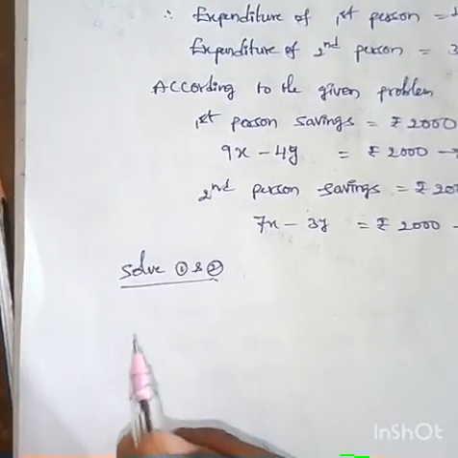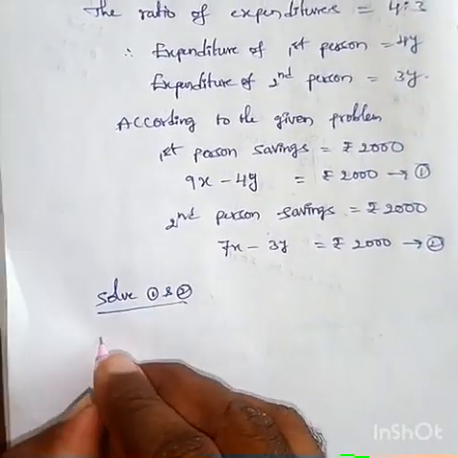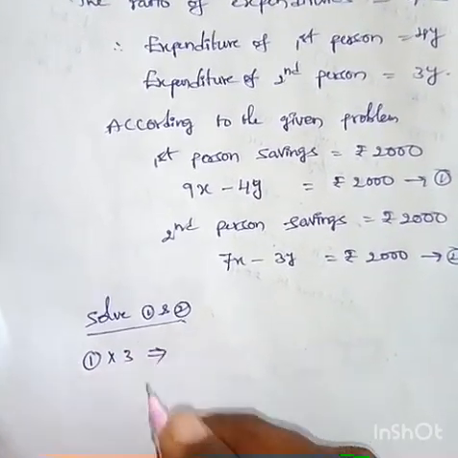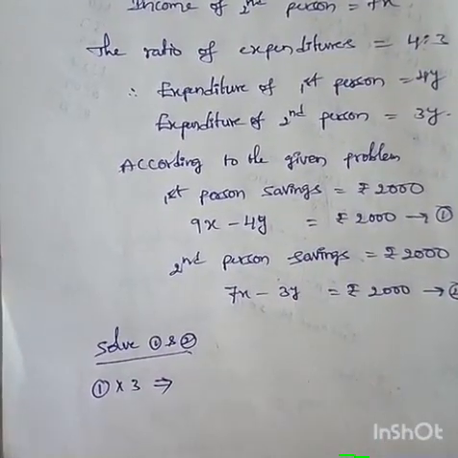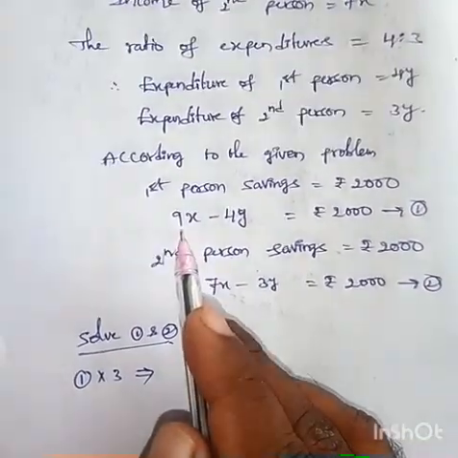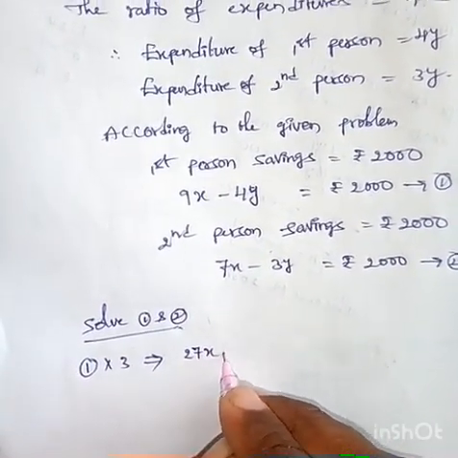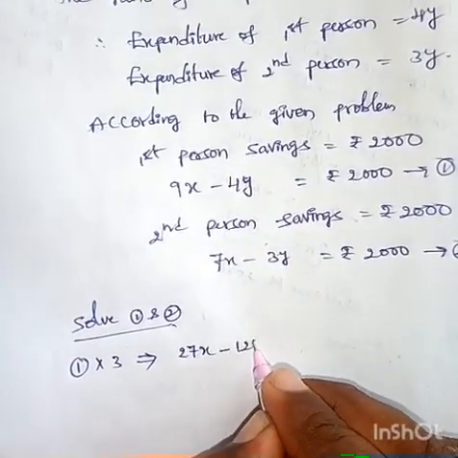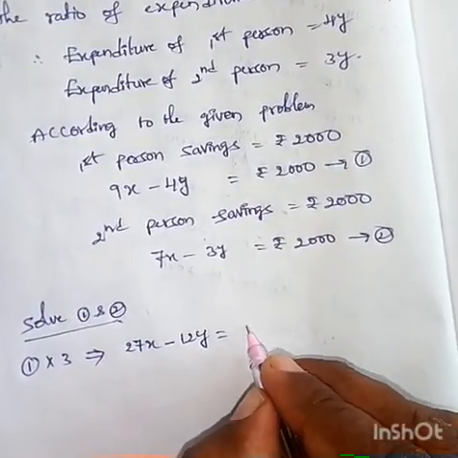So now let me write here. I am multiplying equation 1 by 3. So that is equation 1 into 3. That implies I am multiplying the entire equation by 3. 9 into 3, 27x. 3 into minus 4y, minus 12y, is equal to 3 into 2000, that is 6000.